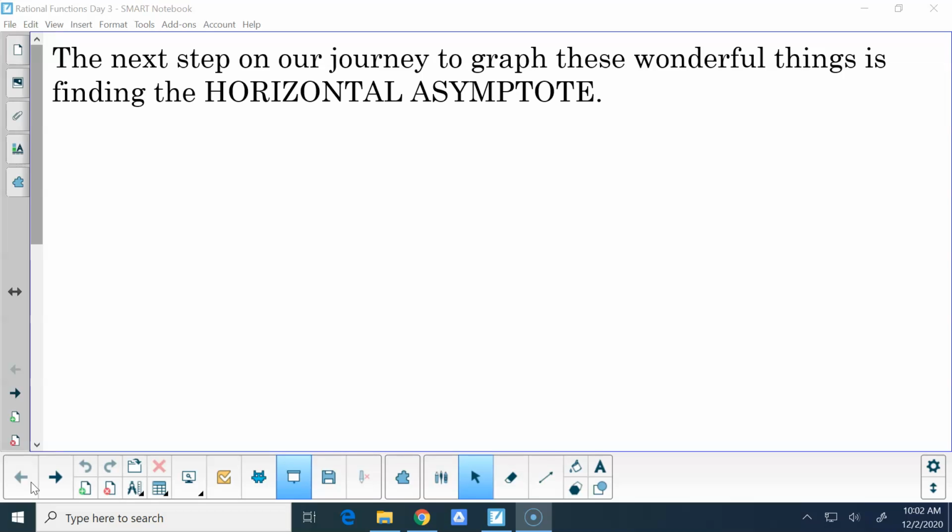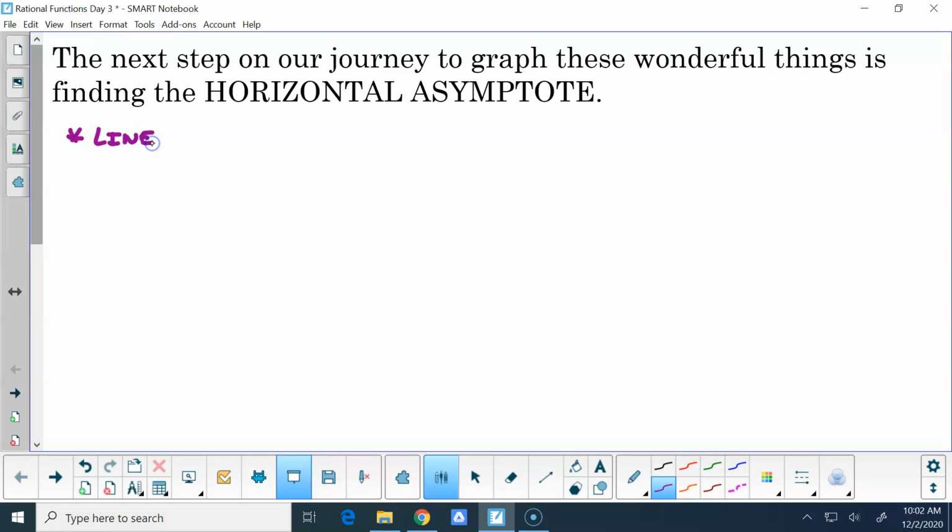Okay? So a couple of things first about the horizontal asymptote. First off, just like a vertical asymptote, it is a line, so it needs to be in the form of y equals some number. Just telling me the number is not good enough, okay?